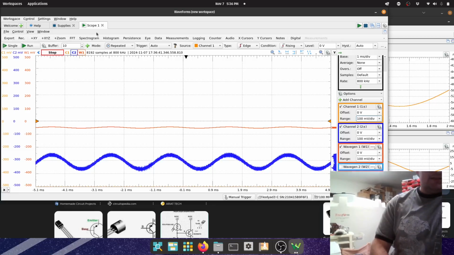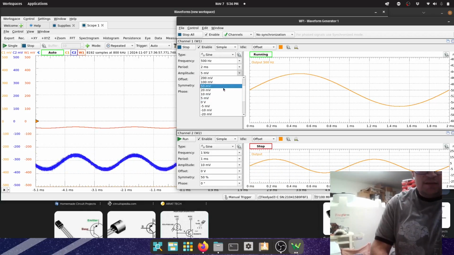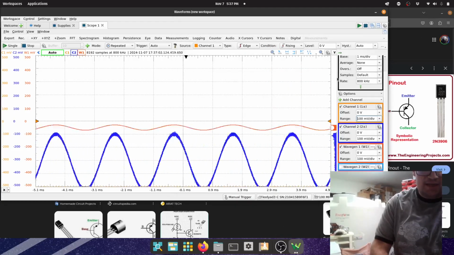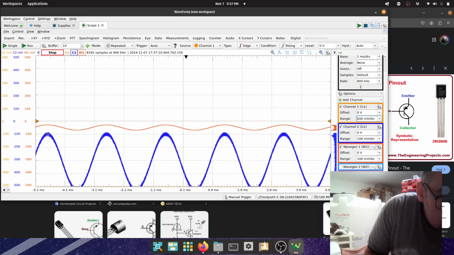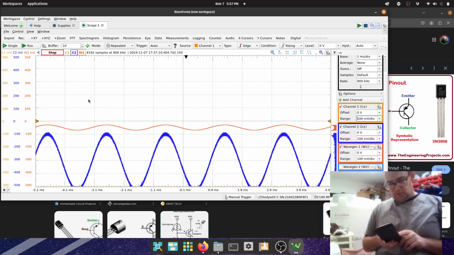Here, let's go here. Now that we can, let's try 20 mil, just to give us some more signal here. That's about 100, so that's about 4/10 of a volt. So 11 times 2.